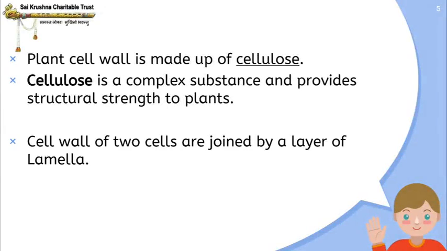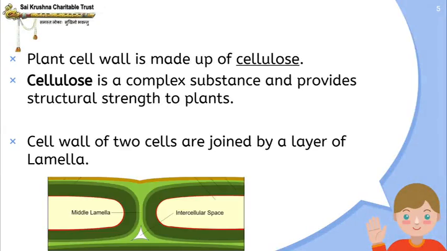Cell wall of two cells are joined by a layer of lamella. So we know that all living organisms consist of multiple cells. All large organisms contain many cells, and in plant cells, the cell walls of two cells are joined by a layer of lamella.